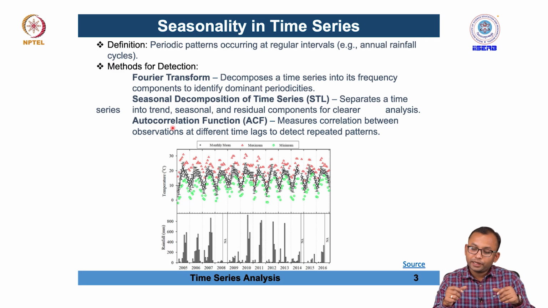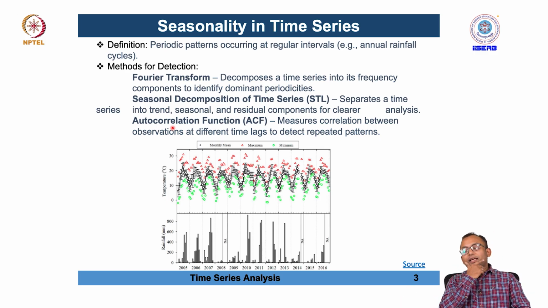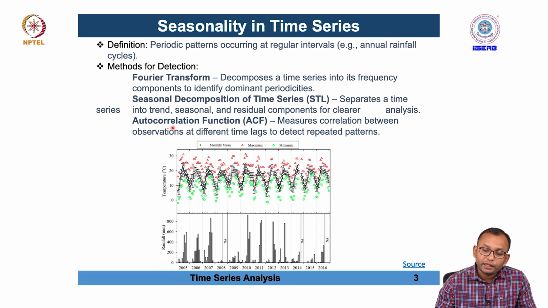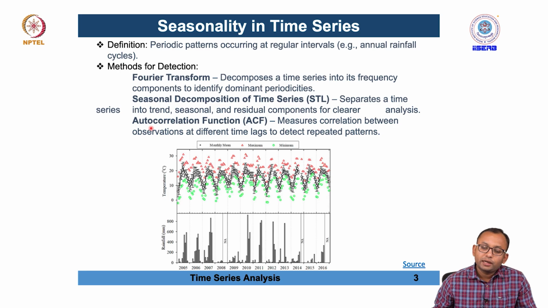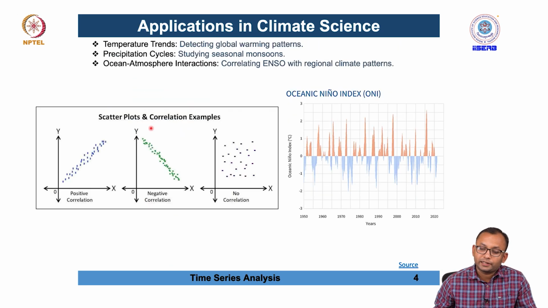That basically shows that, okay, this is correlated with your 5 months delay, some other parameters, like that. So, that can also be done to identify the seasonal behavior in the data set. So, there are 3 primary methods where we can do that: Fourier transformation, which is frequency domain transformation, seasonal decomposition of time series (STL), and autocorrelation function analysis, like that.